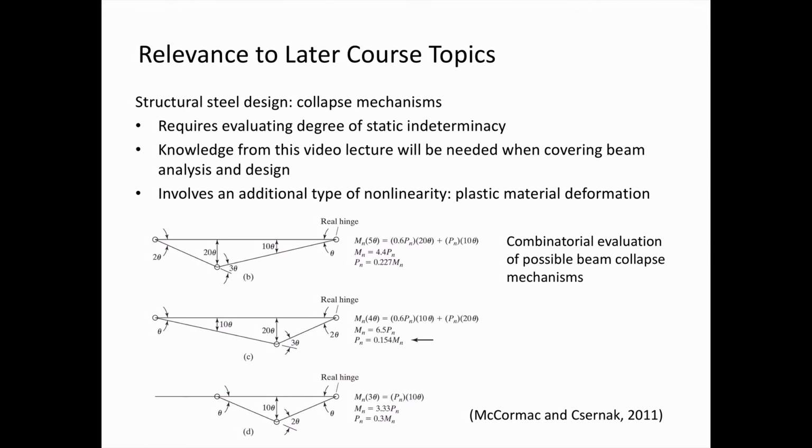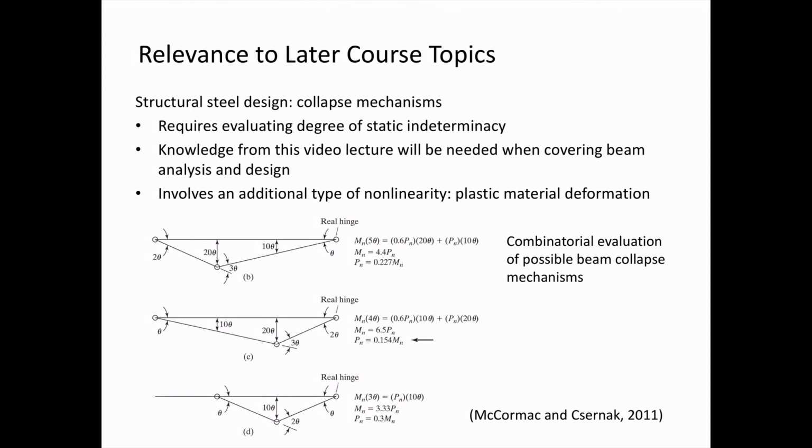There are a number of ways that a collapse mechanism could form and lead to failure. We need to know what is the degree of static indeterminacy. What is the value of m? How negative is it? And that's going to tell us how many what we call plastic hinges need to form before a collapse mechanism forms.